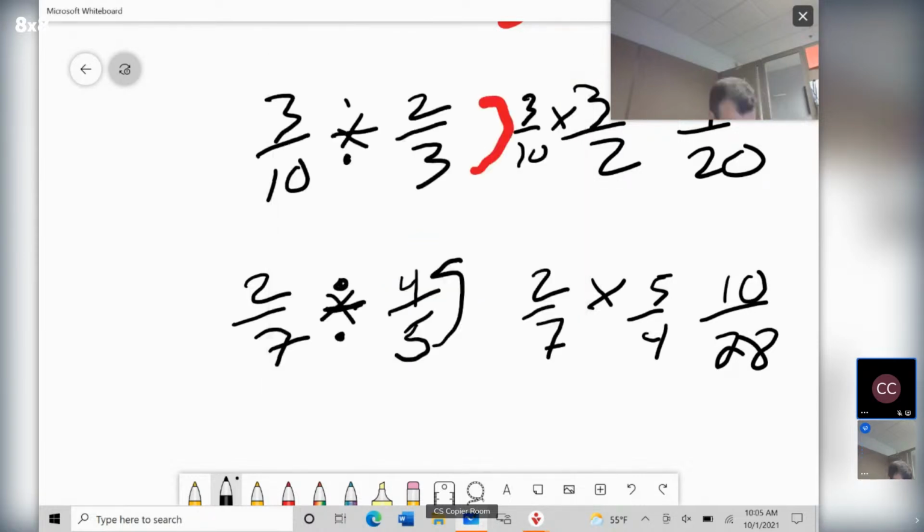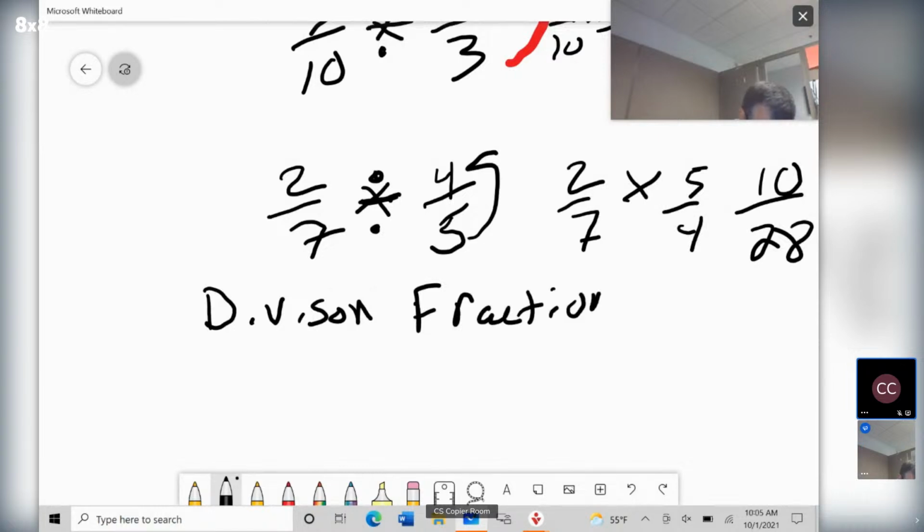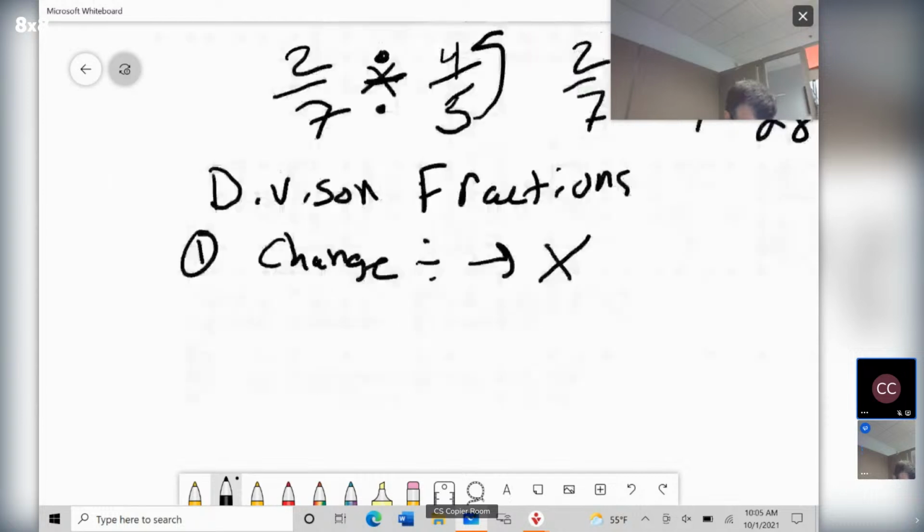Okay. So when we do division problems of fractions, all it means is we're going to turn it into multiplication. Two steps. So for division of fractions, first thing you do, change the division to multiplication.